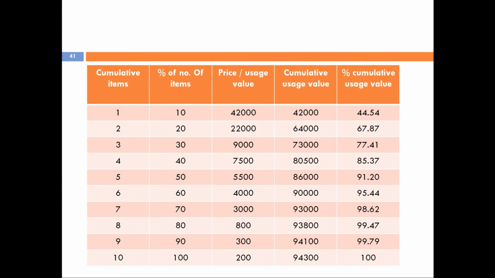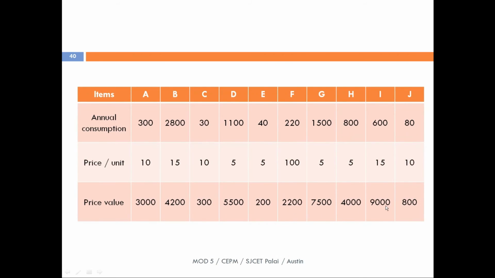And the next step, as we discussed in the steps under ABC, is listing them in descending order of their total usage cost or price value. In the third column, they are arranged in descending order: 42,000, 22,000, 9,000, 7,000. Remember that these values are obtained from the previous value.